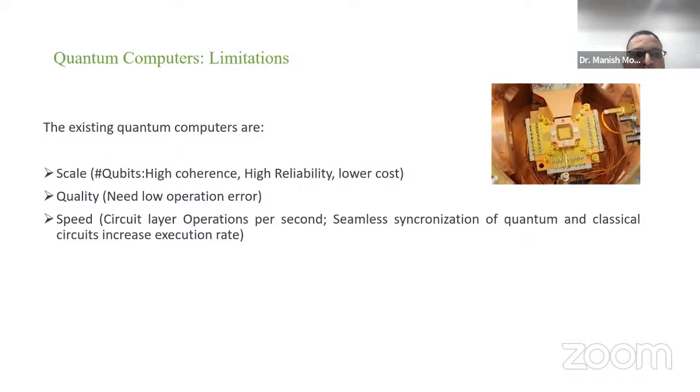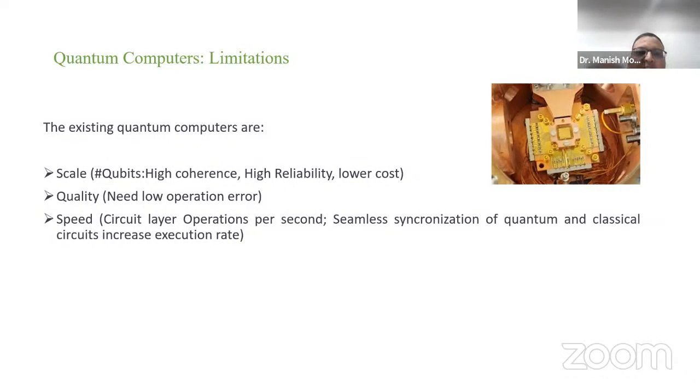The existing quantum computers are limited in scale because of all 3 reasons I said before. Sometimes more errors propagate, and speed is also what we expect. Right now, there are some limitations on speed also, right? So this is where the actual quantum computers are.